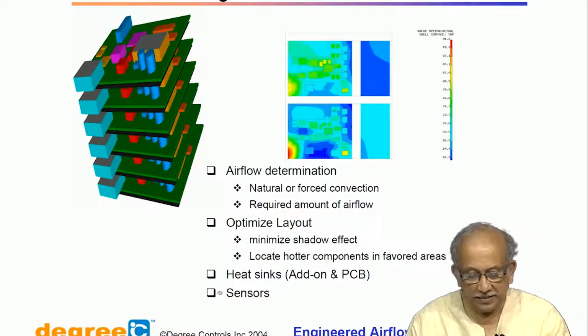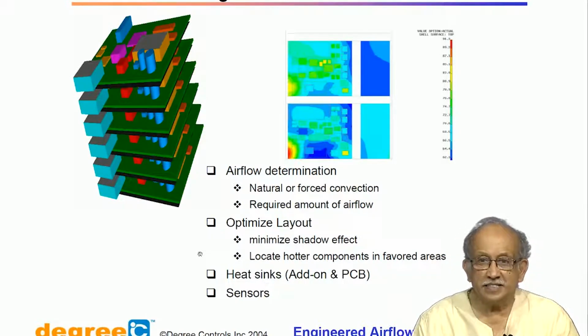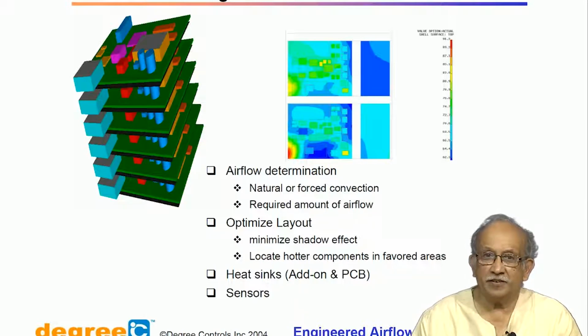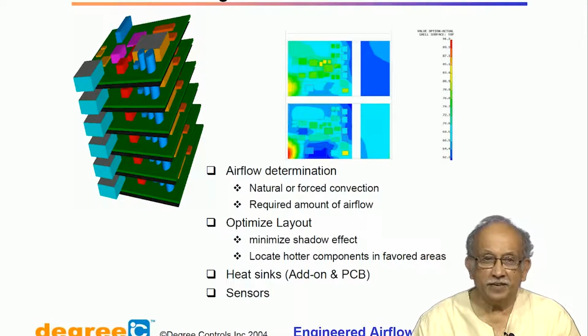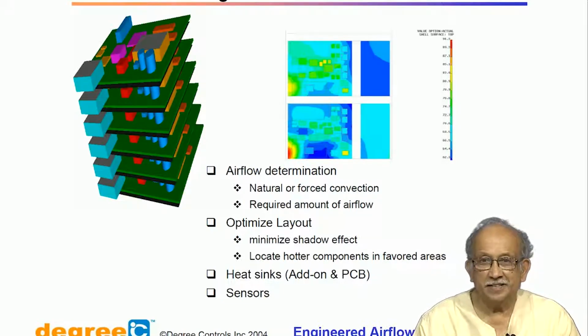And finally, an important thing we are coming to here is you need to locate sensors to see how well things work. This you would have noticed happens in the already highly optimized, ubiquitous PC.